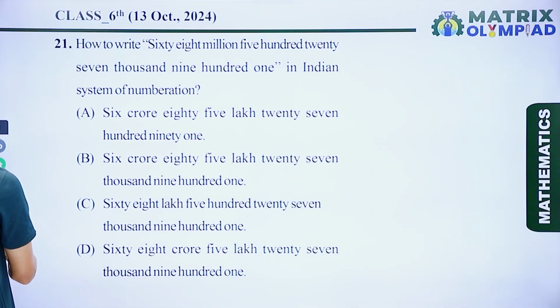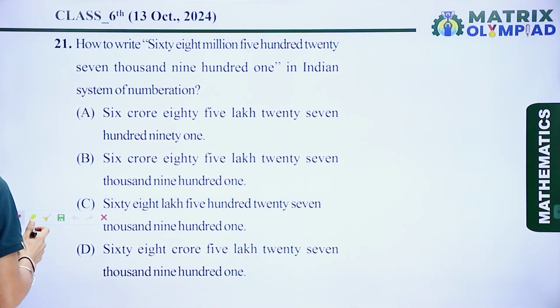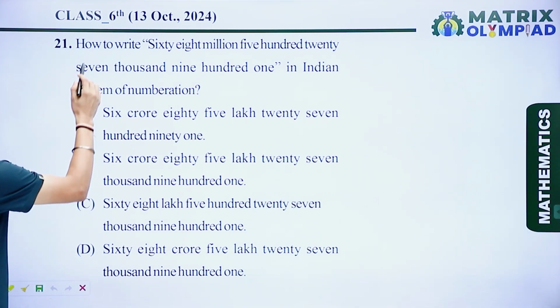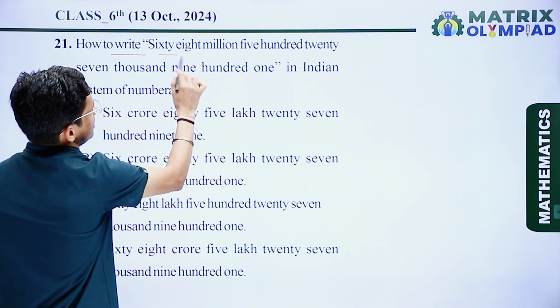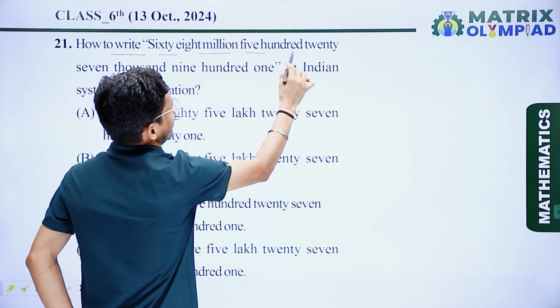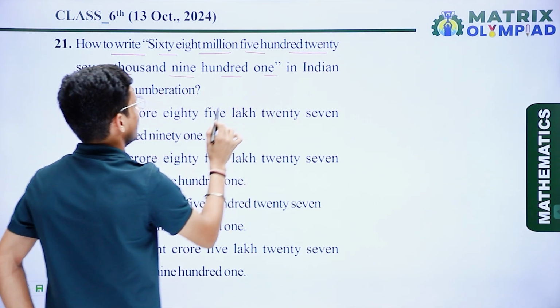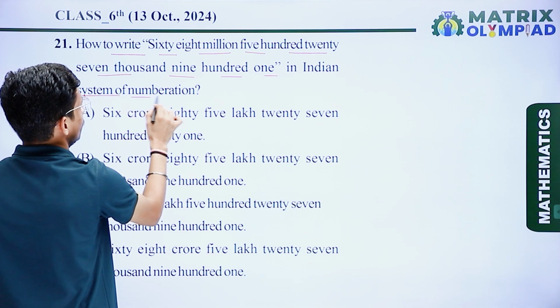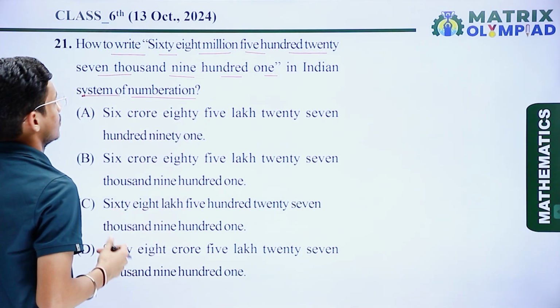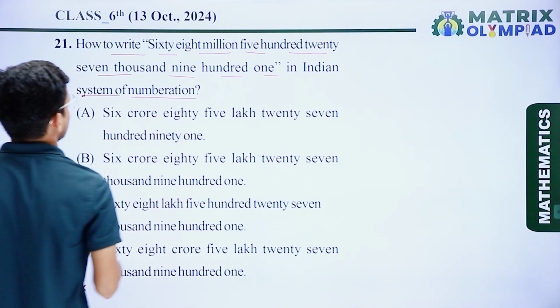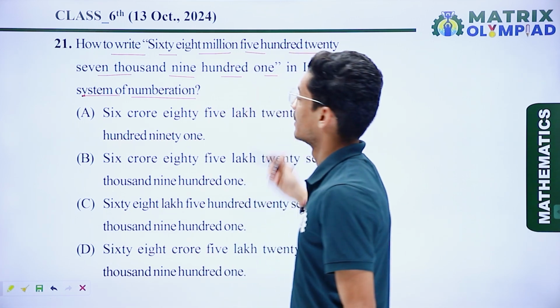Now here we have question number 1, that is, how to write 68,527,901 in the Indian system of numeration. We have to write this number in the Indian system.